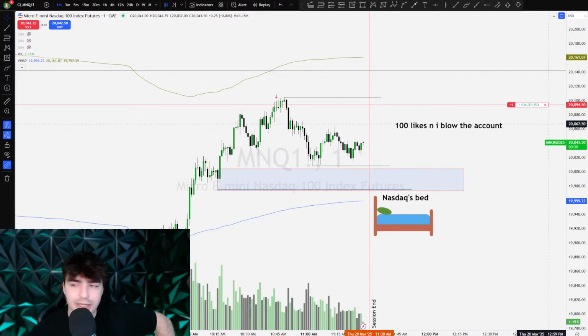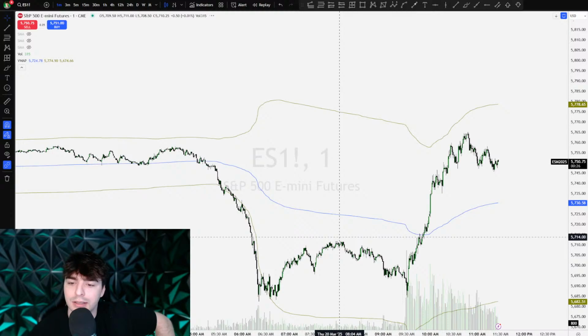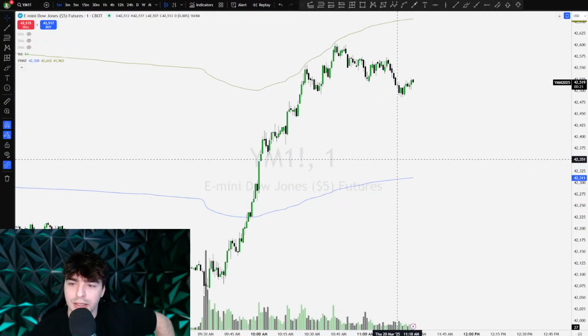Little wedge on ES right now. Yeah, everything is kind of consolidating.